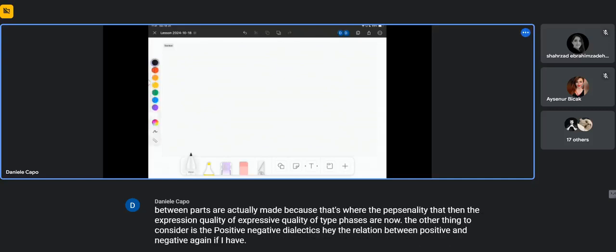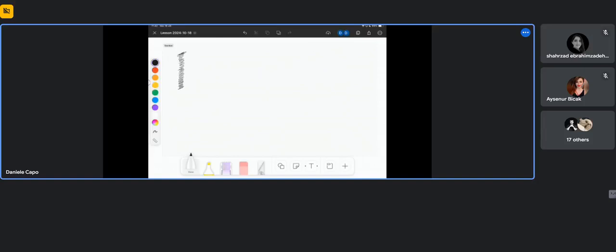Again, if I have my simple model made, I can focus on the counter.